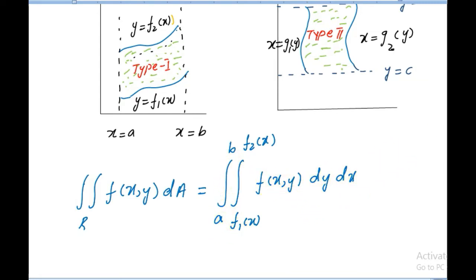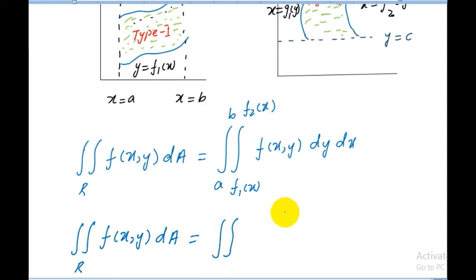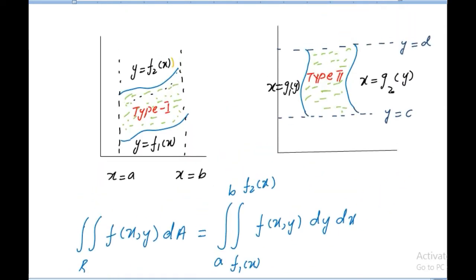Similarly, type 2 region can be written as double integration over region R of f(x,y) dA is equal to, now type 2 region is bounded from below and above by two horizontal lines y equal to c, y equal to d.